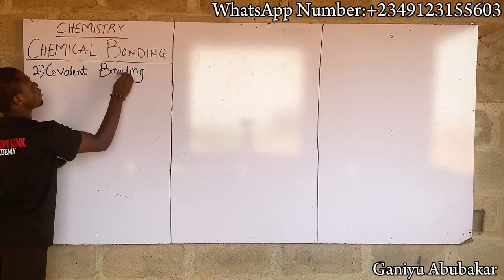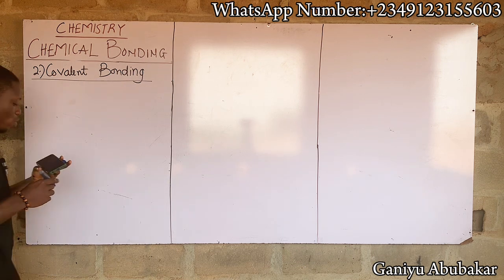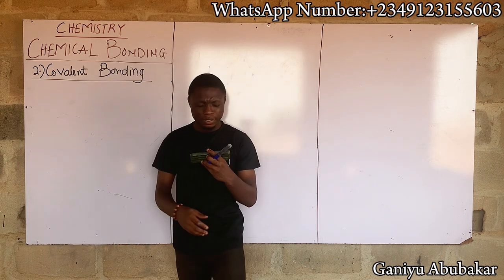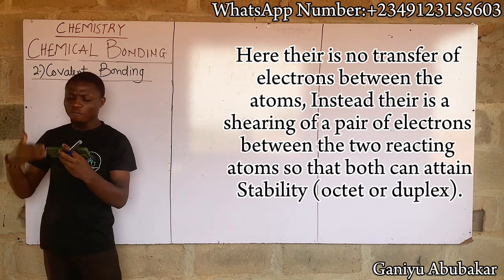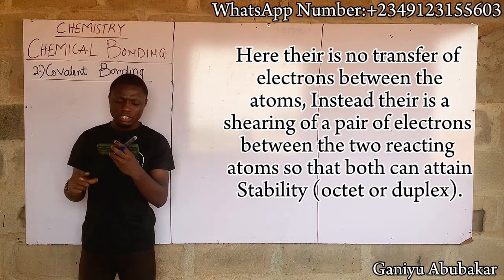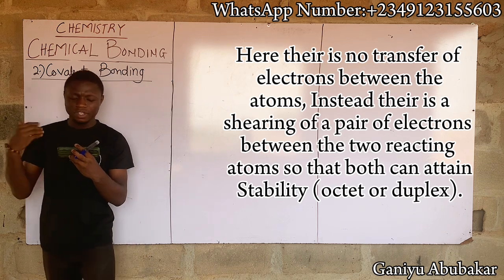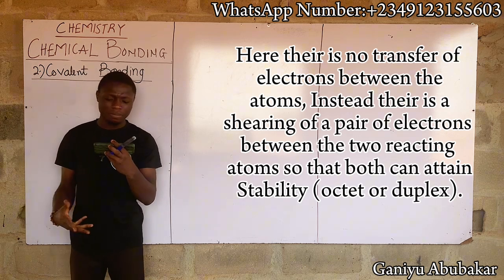Let's look at the second type of chemical bonding called covalent chemical bonding, or simply covalent bonding. Here, there is no transfer of electron between the atoms.